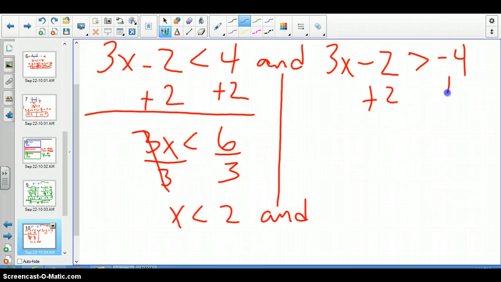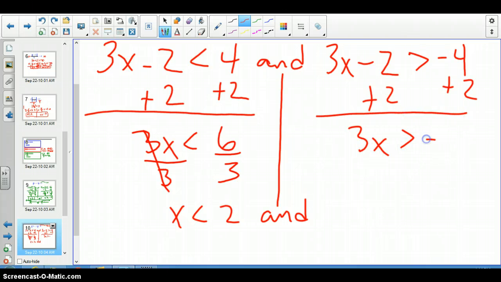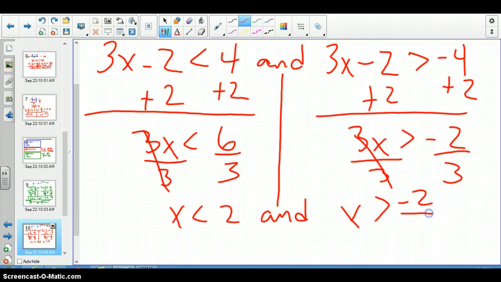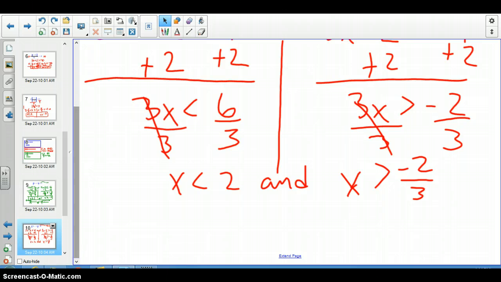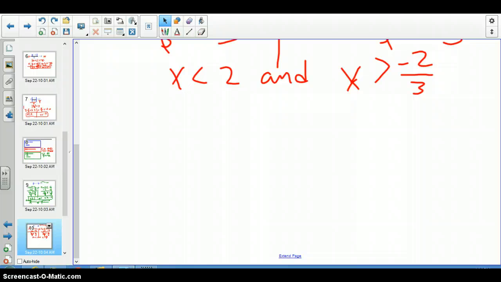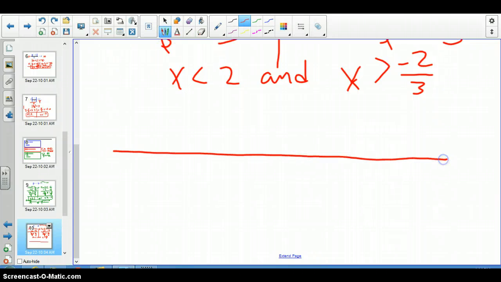Then I will solve the next one. I get x is greater than negative 2/3. Remember, if we divide by a negative, then we have to switch the inequality symbol, or if we multiply by a negative. So now, just to check this, I'm going to graph it.